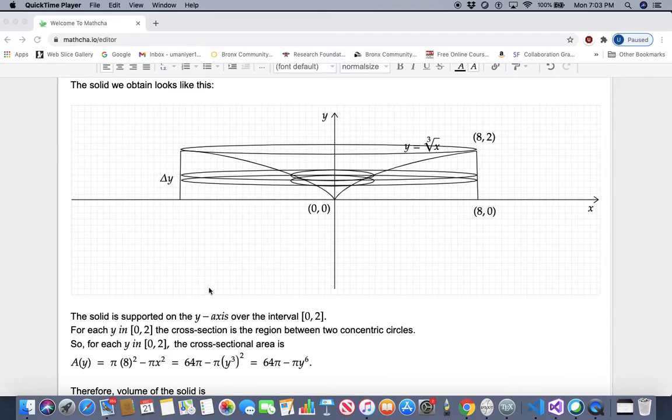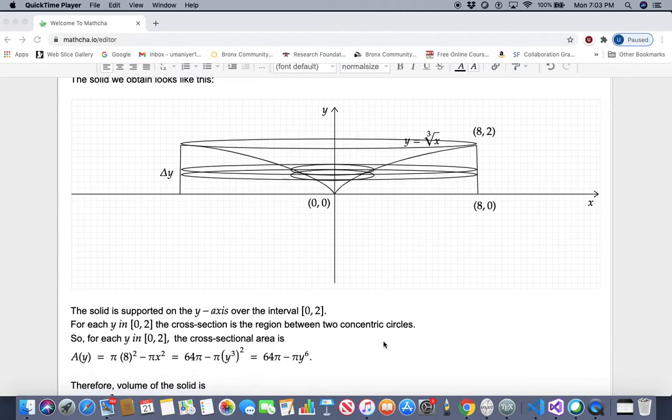For each y, when you take a slice, you get a cross section, and when you cut it, notice there is an outer circle and an inner circle. Because of the big hole in the middle, the cross section is the region between two concentric circles.